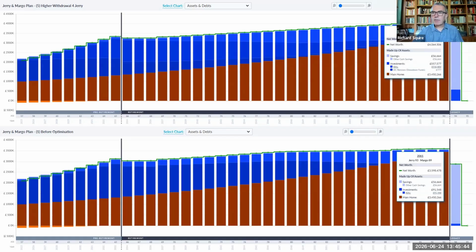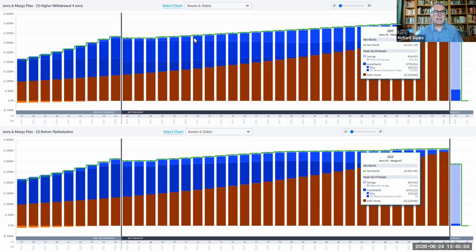What we can do is compare this in current pounds to make it easier to understand. But we've got an increase of closing on about £460,000 in future pounds between the starting plan and the ending plan in the ISA balance at the end.